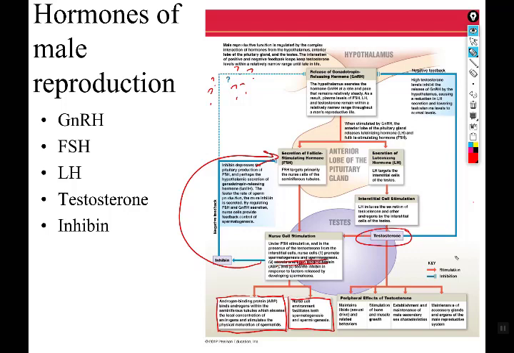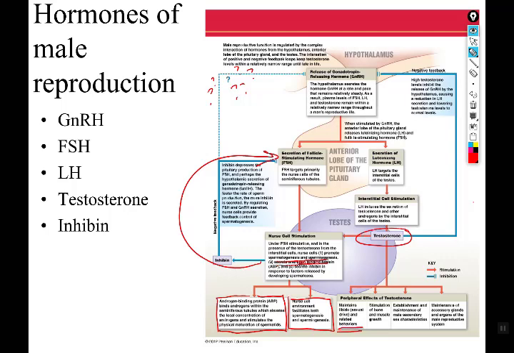So one thing that is very clear is that testosterone feeds back on the hypothalamus quite strongly. So the hypothalamus is known to express testosterone receptors, and testosterone inhibits the secretion of GnRH.